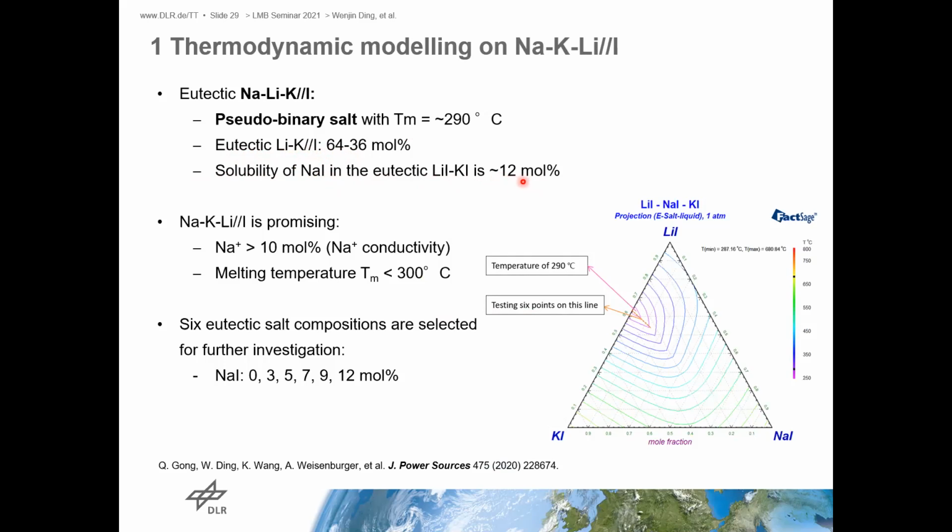If above 12 mole%, then the melting temperature will increase very fast. From the experience of the battery test, we hope the sodium ion concentration is higher for higher ionic conductivity, but we need to have low melting temperatures. So we started with 6 salt compositions from 0 to 12 mole%.